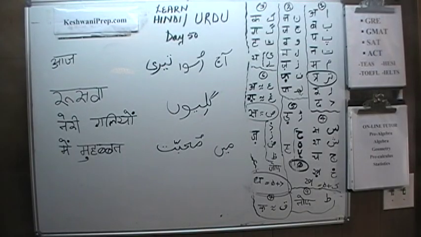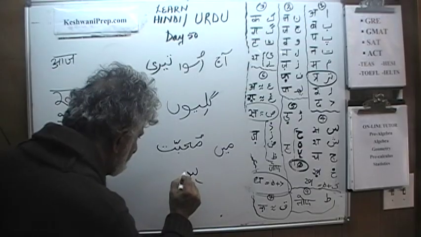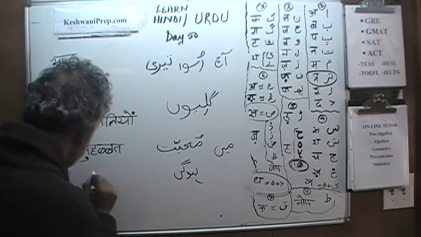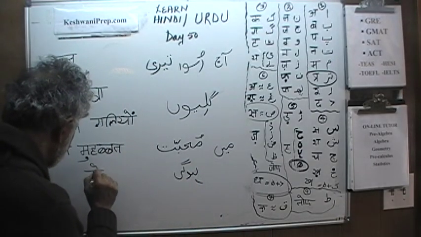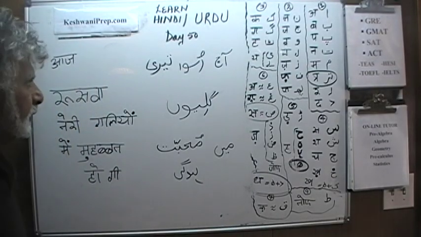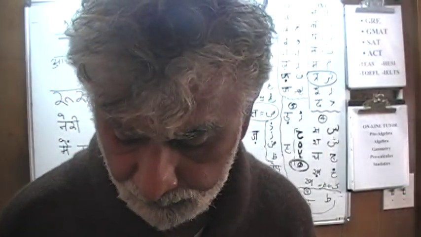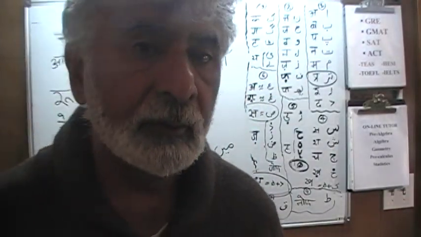आज रुस्वा तेरी गलियों में मोहब्बत होगी. Nothing new. That's a very simple thing. There you go. Today you will bring the name of love, the name of true love, into disrepute.